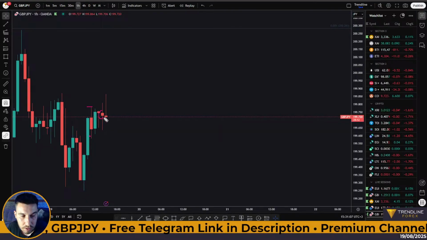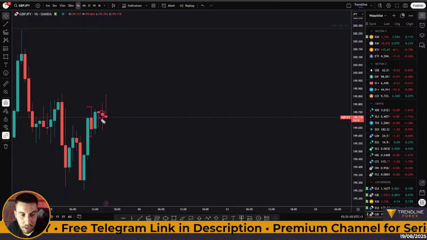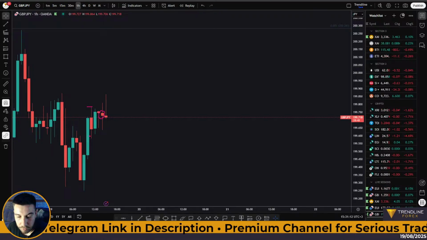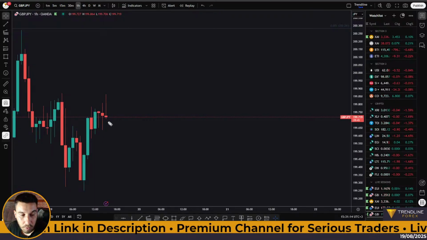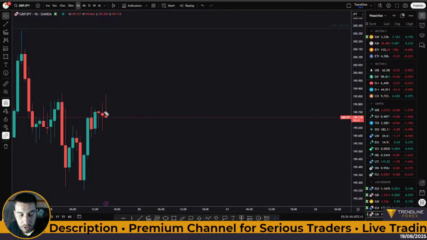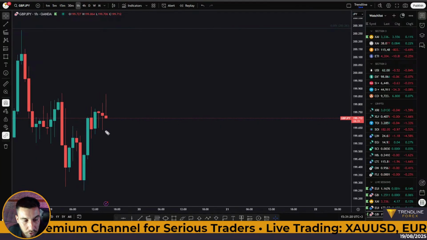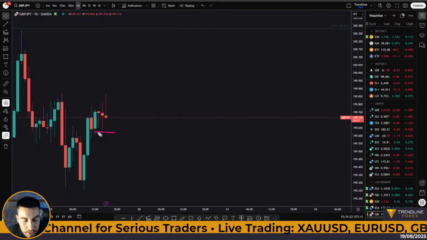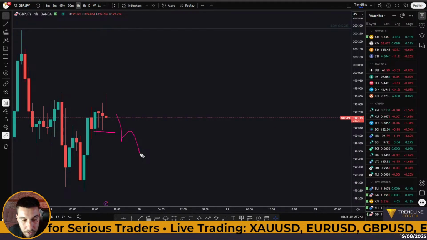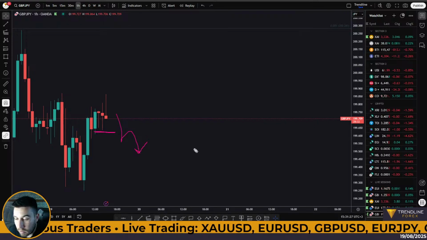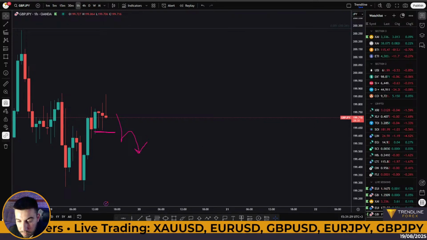Then we have this previous one, which again does not really tell us much. You can see we've got wicks on both sides, equal wicks, and then the body is just in the middle. So basically indecision. And then if we have another hourly candle closing below this, then I would be expecting price to maybe make a deeper retracement.